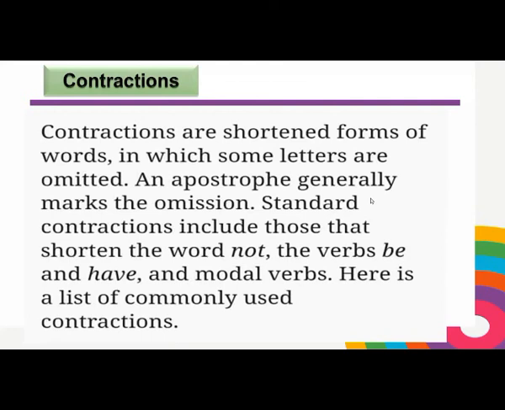Standard contractions include those that shorten the word not, the verb be, have, and modal verbs. So here is a list of commonly used contractions. Again, contractions are shortened forms of words, like I am. So I want to make it a contraction: I'm. He is, he's. Okay?